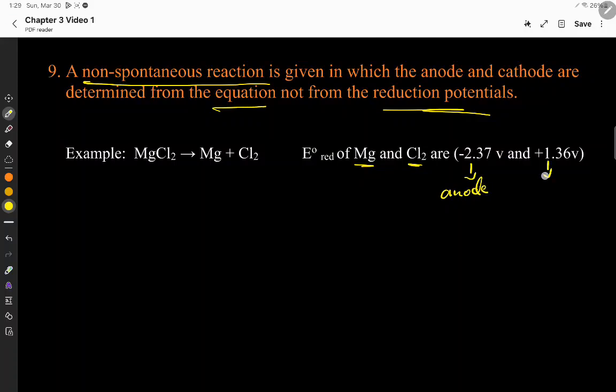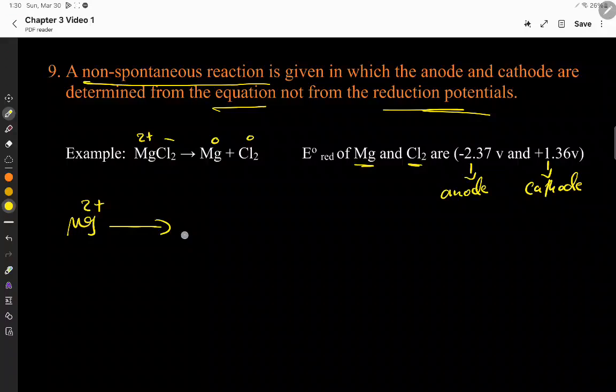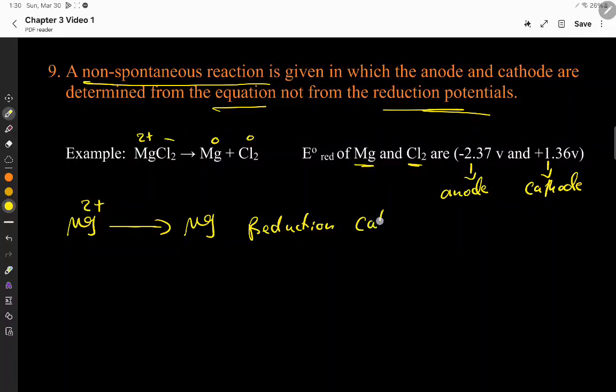This is more reduction potential, so we would see copper as the cathode. But if we look at the equation itself, magnesium is 2 positive and chlorine is negative. After the arrow, magnesium is 0, chlorine is 0. So what happened to magnesium is a reduction. So magnesium is the cathode, not the anode.